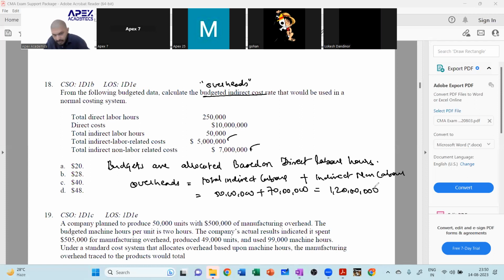Now, my dear friends, this 1 crore and 20 lakhs has to be allocated, and a rate has to be arrived at. The only way of doing that is direct labor hours. So I will take direct labor hours.